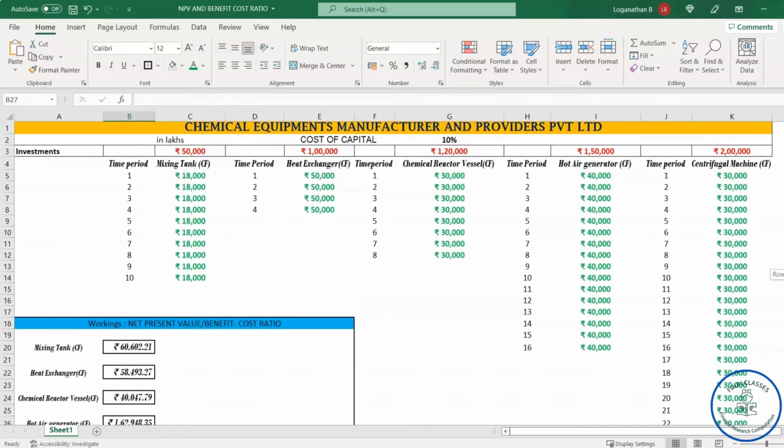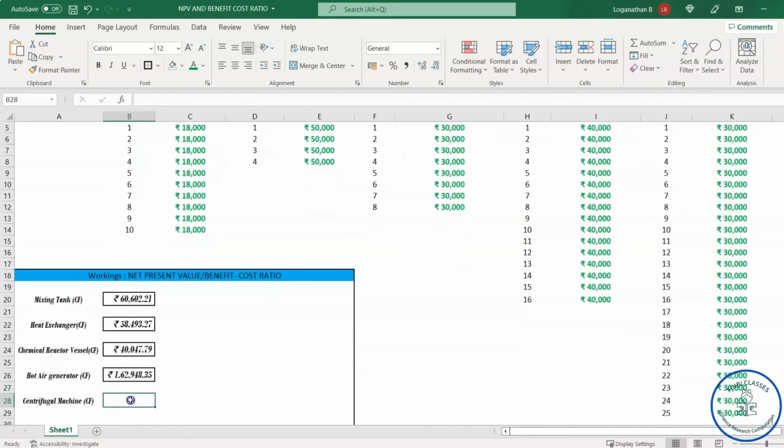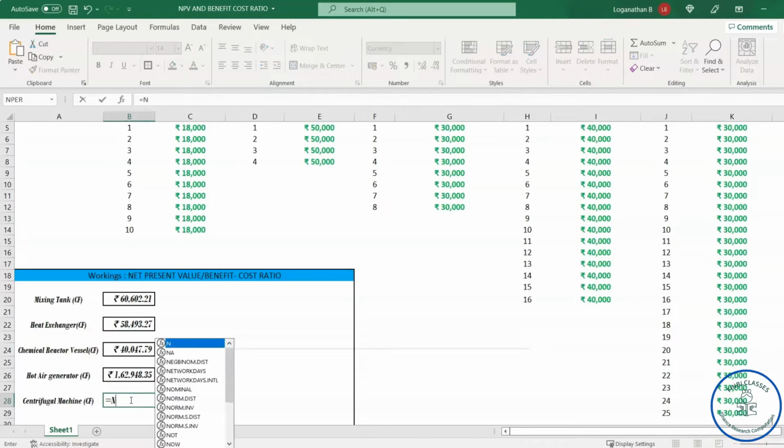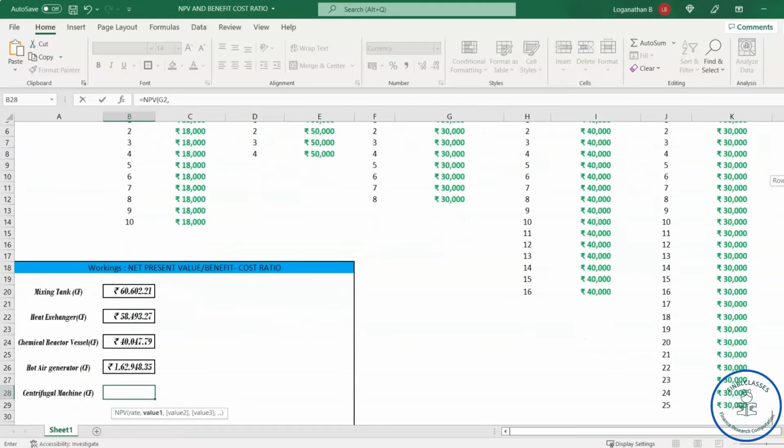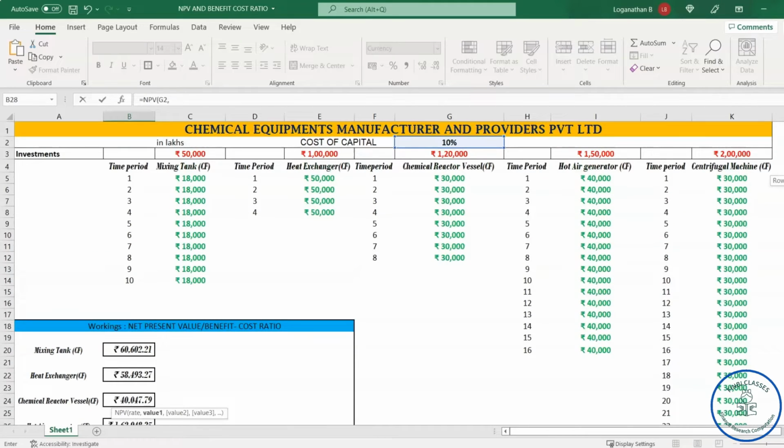Then we have to calculate for the last, that is centrifugal machine, equal to NPV. Then rate, we have to do the relative reference, which is in cell G2, that is 10%, comma, then we have to select the cash inflow. In this case, the time period is 25 years. So they are getting a regular cash flow for 25 years, which is 30,000.